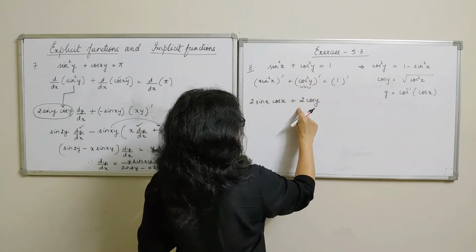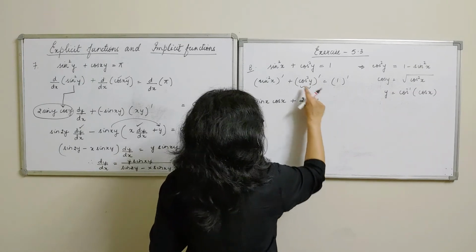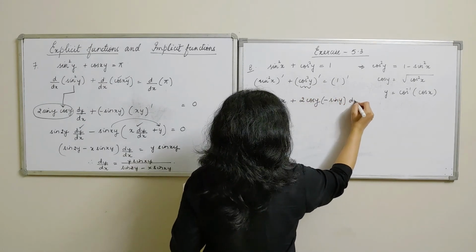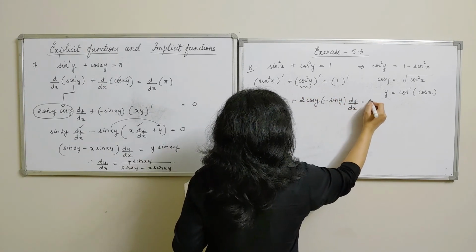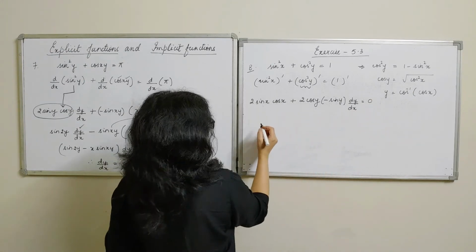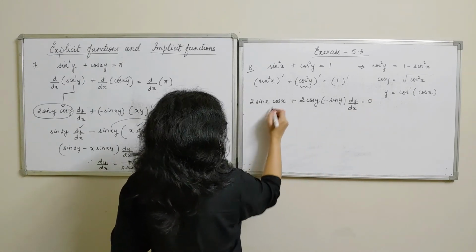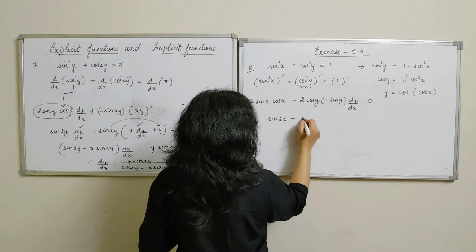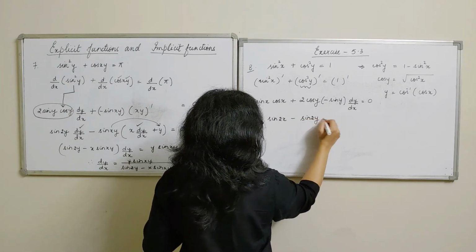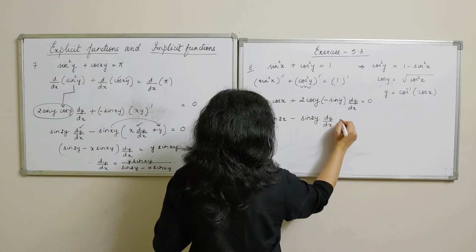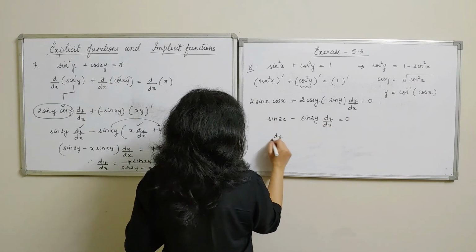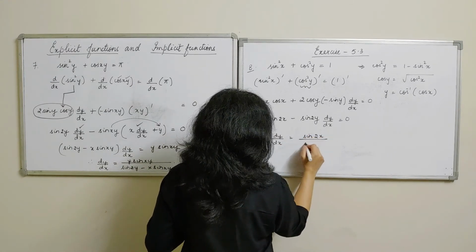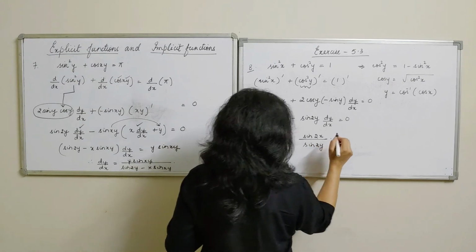It's just like x square, so we differentiate x square as 2 into base, then differentiating the cos function gives us minus sine y, and finally differentiating the angle, which is dy by dx. On the right side it is 0. So here we get sine 2x, which can be written as minus sine 2y dy by dx is 0. So finally dy by dx can be written as sine 2x upon sine 2y.